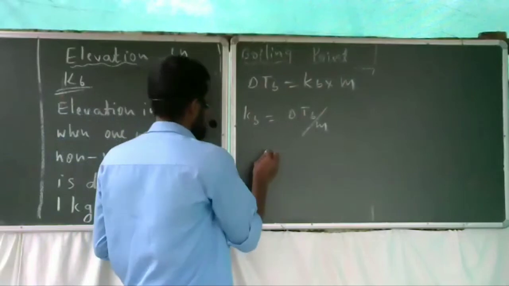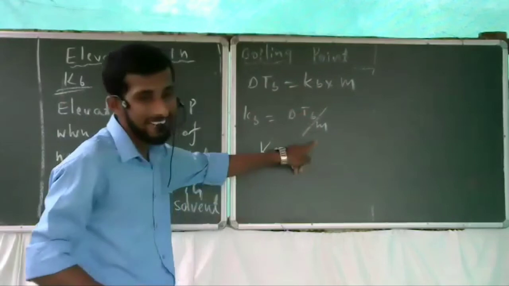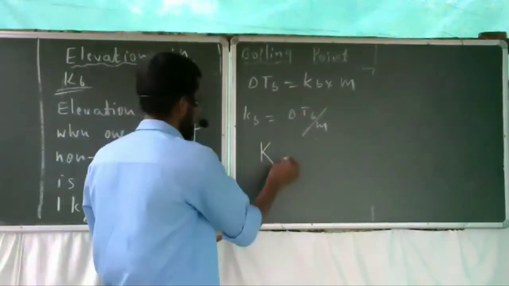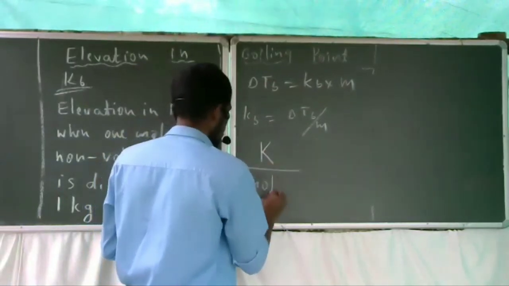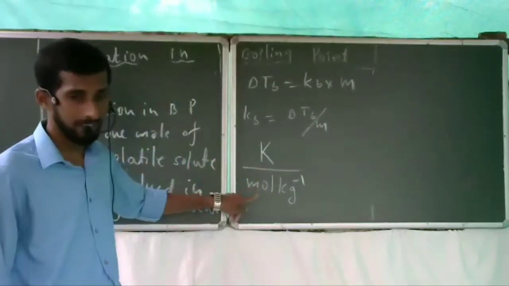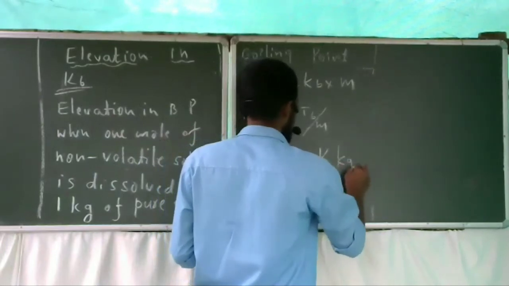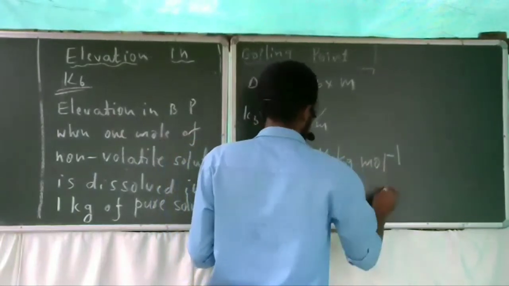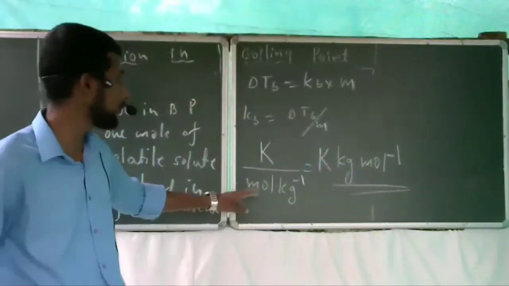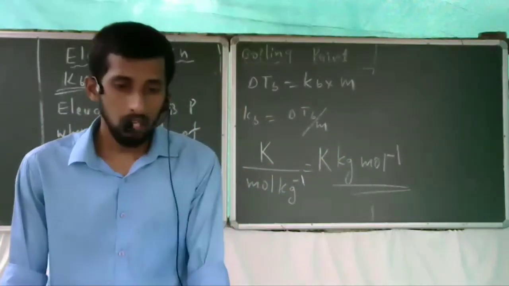The SI unit of delta TB is Kelvin, and molality is mole per kg. Inverting mole per kg, we get Kelvin divided by mole per kg, which is Kelvin kg per mole. Okay, that is the SI unit of Kb, the molar elevation constant.